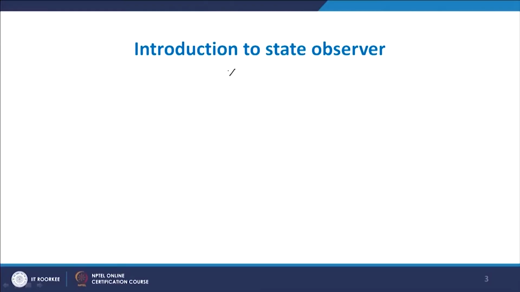First of all, let us see the state space block diagram of a system. Let us say x dot equal to Ax plus Bu, this is your system.